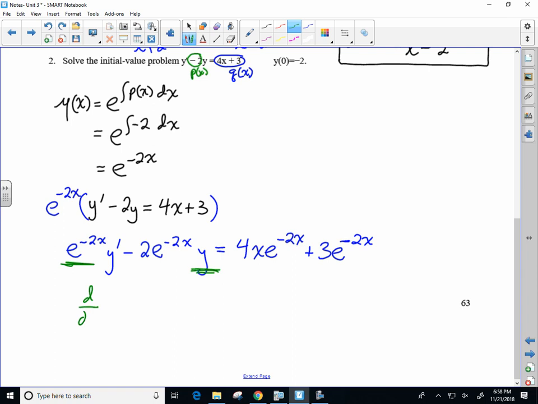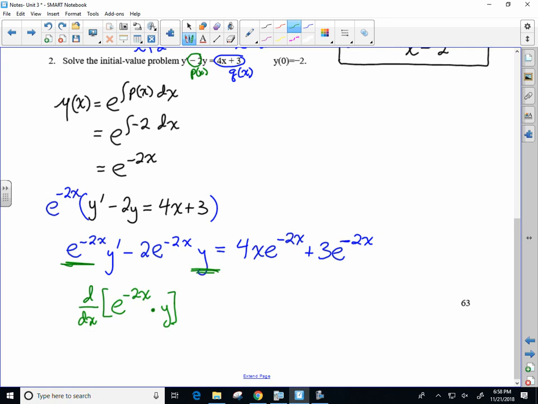So if I wrote this as the derivative of e to the negative 2x times y, again, just grabbing any part that's not a derivative. The weird thing is we're looking at that negative 2e to the negative 2x and saying, well, that's not a derivative. I don't see a prime there, but it's implied. This actually is the derivative of that. If I took the derivative of e to the negative 2x, this is what I get. So it's kind of a hidden derivative.